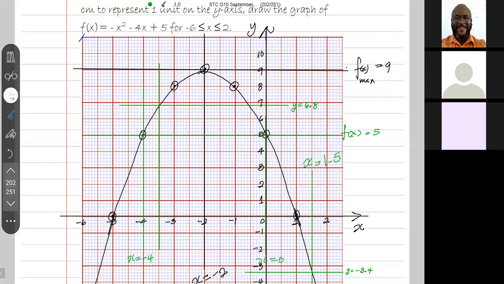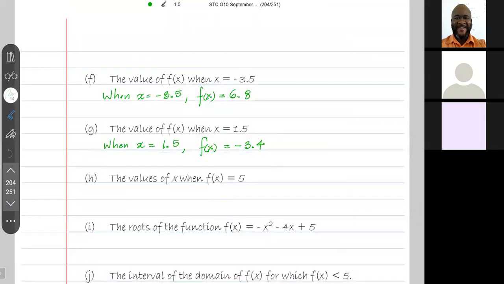So when f of x is equal to 5, x is equal to minus 4 and x is equal to 0.